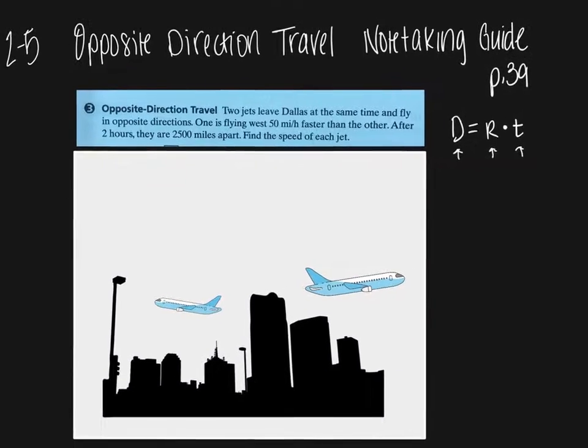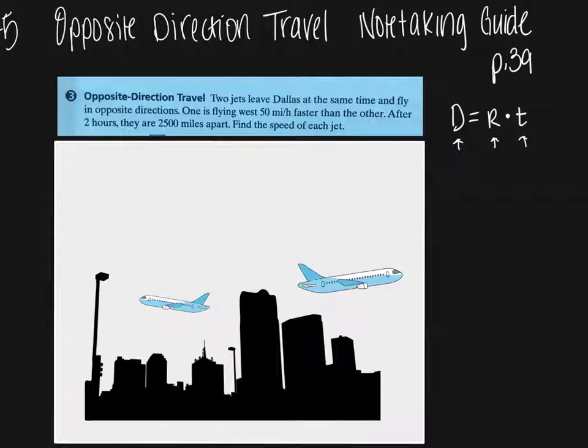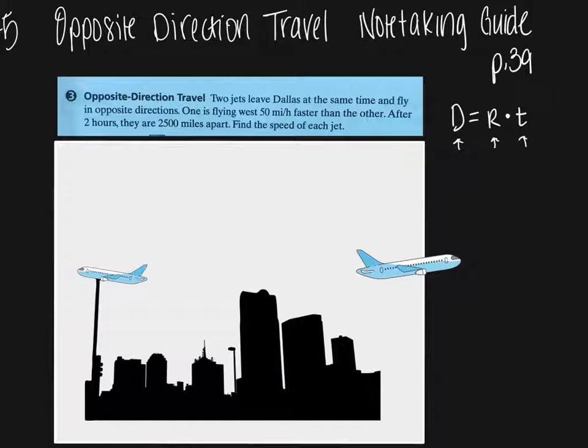Let's look at a situation over here. I have two jets leaving Dallas at the same time and flying in opposite directions. Notice they've left at the same time, and they're going in opposite directions. One is flying west 50 miles faster than the other, and after 2 hours, they are 2,500 miles apart.